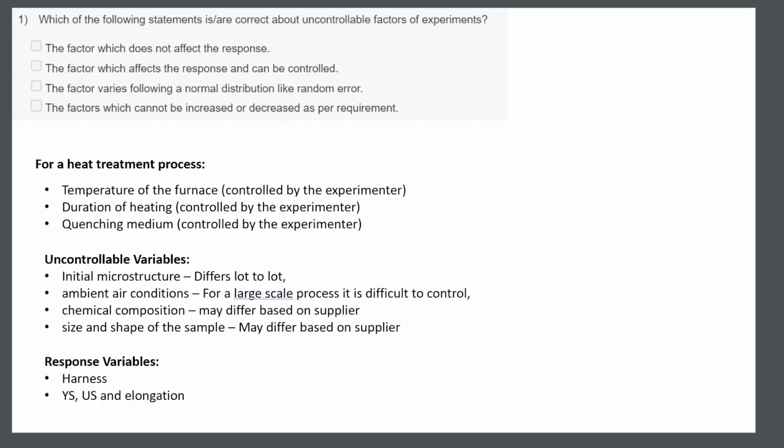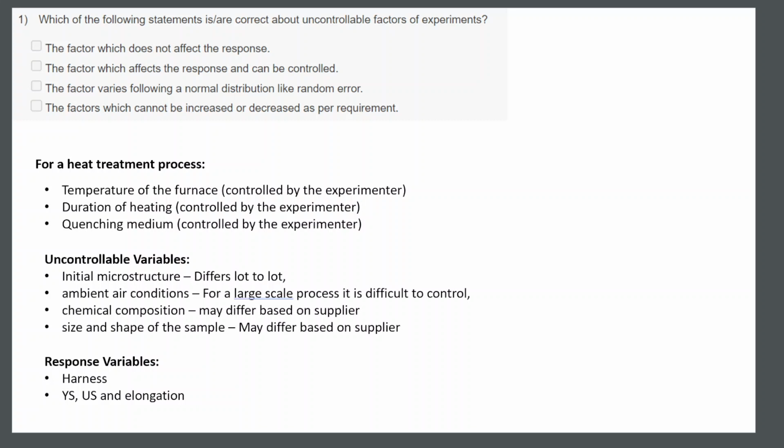Then ambient air conditions. For example, if you do it in the morning, the ambient temperature might be different. If you do it at night, the ambient temperature might be different. So it changes. And air conditions is not only temperature, but humidity also changes. And varying humidity affects the corrosion resistance properties. And then chemical composition differs from one supplier to another.